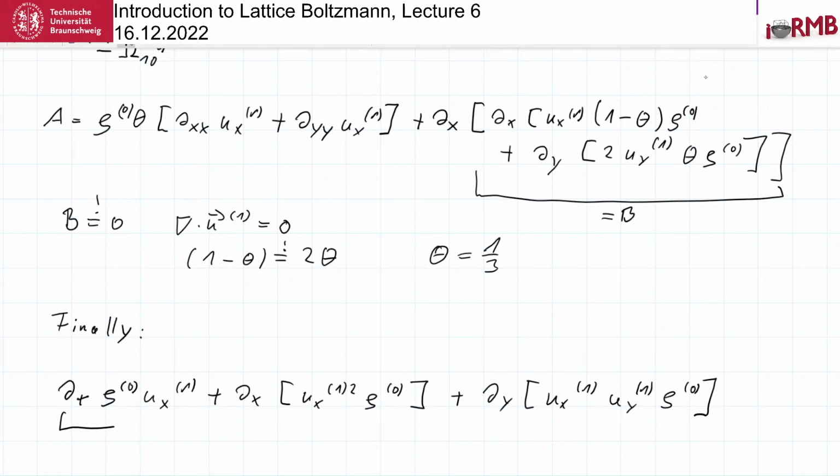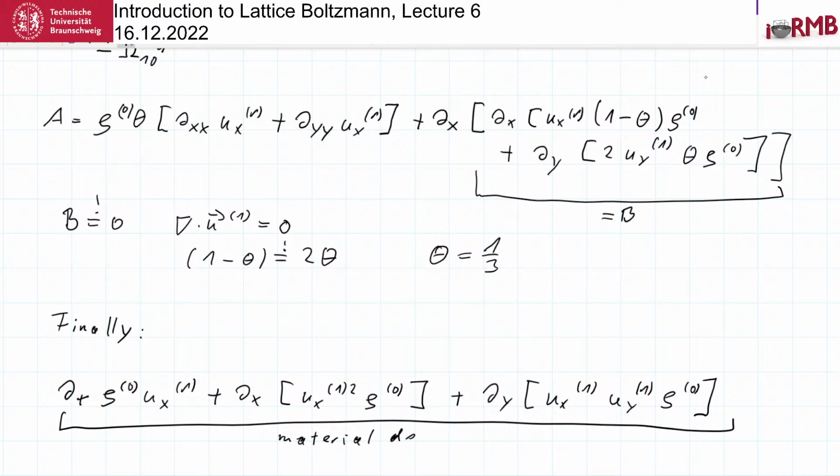And all of this together is what we call a material derivative. So this is what usually is seen in the Navier-Stokes equation on the left-hand side.